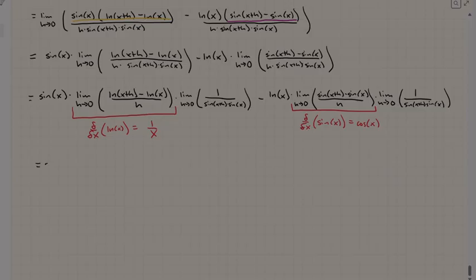So our expression that we're solving for, we've got sine of x times 1 over x times, we can evaluate if h equals 0. That's going to be 1 over sine of x plus 0 times sine of x. That's sine of x squared.